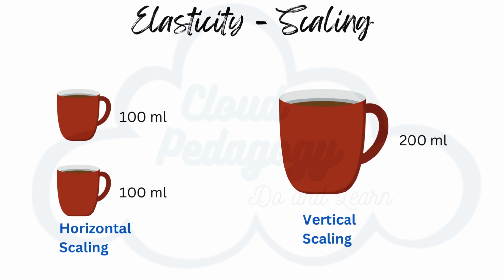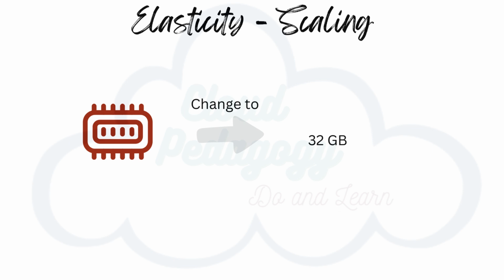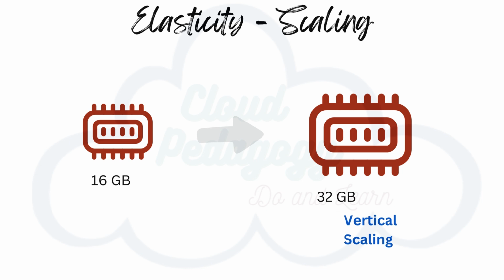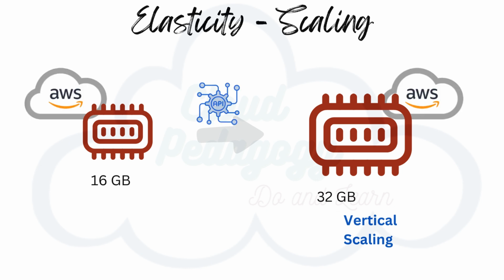In the IT space, we don't pour tea into servers obviously. So if you want to scale vertically, you must change the infrastructure configuration to have more hardware specs. In reality, let's say you have a requirement of having 32 gigabytes of memory and you have a server with 16 gigabytes. You can do vertical scaling by enlarging that server configuration to have more memory. In the cloud, that can be done with a simple API call.